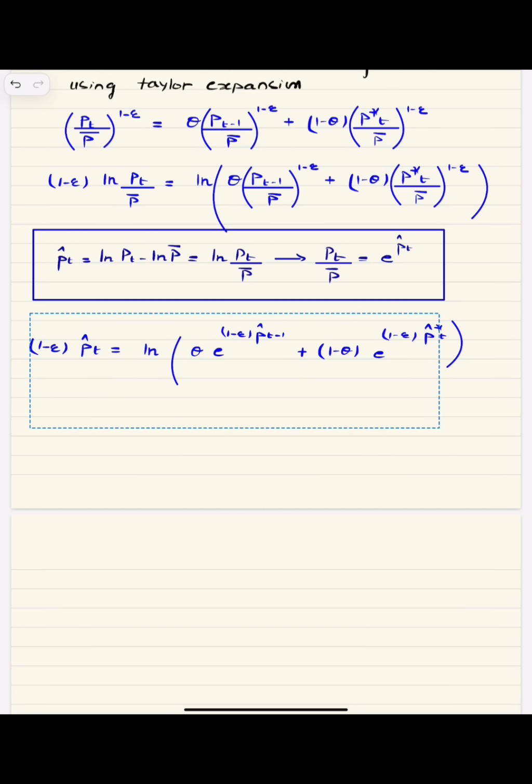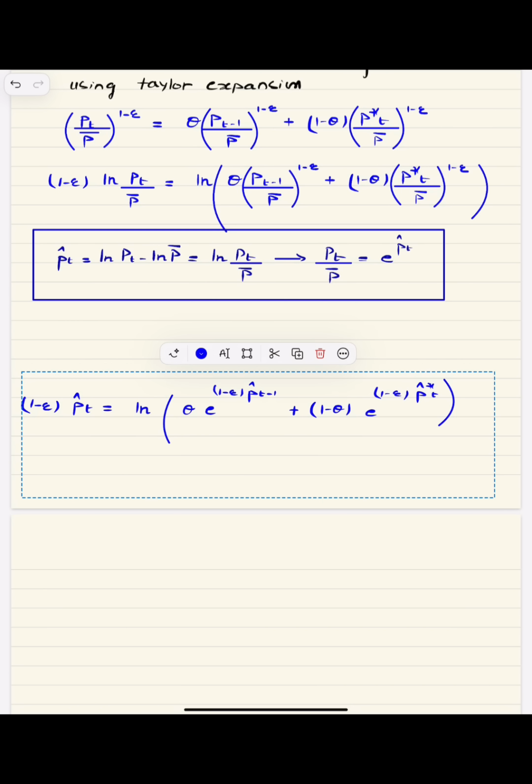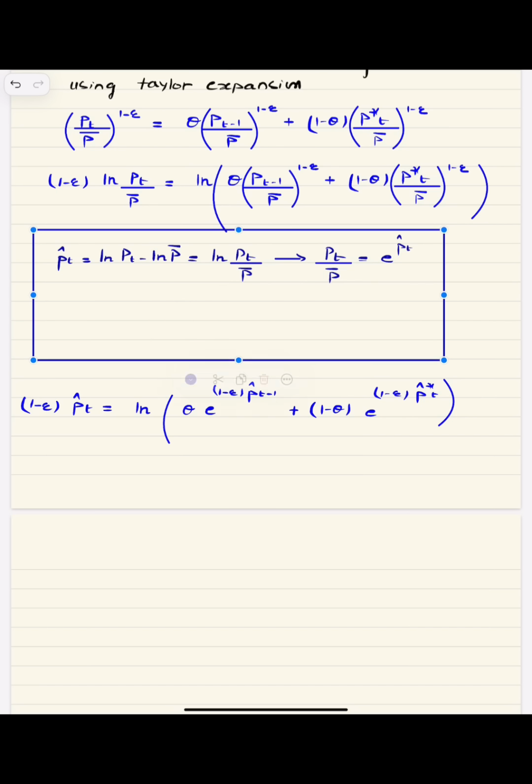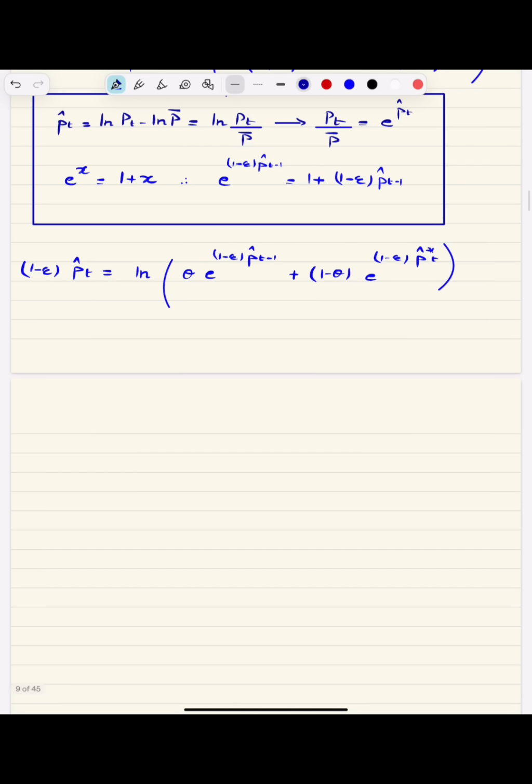Another linear approximation that we know, stated in the same lecture, is that when you have e to the power x, it is approximately equal to 1 plus x. Therefore, if I have e to the power 1 minus epsilon p-hat_{t-1}, it's the same as 1 plus 1 minus epsilon p-hat_{t-1}. So let's use this fact.